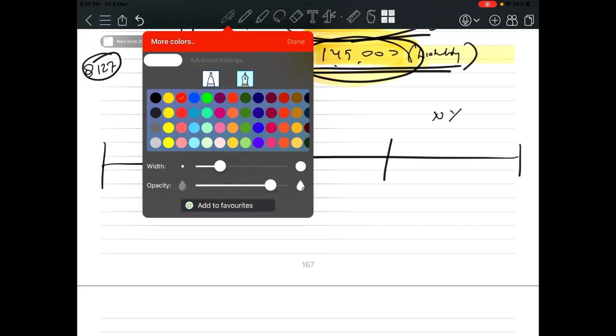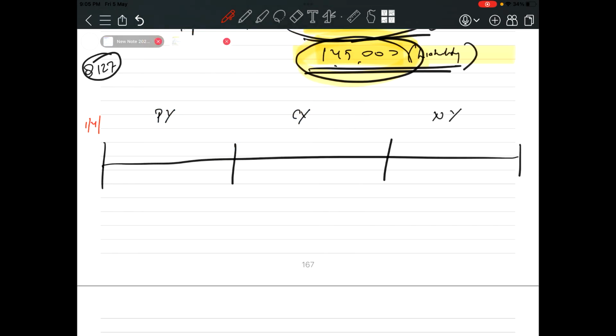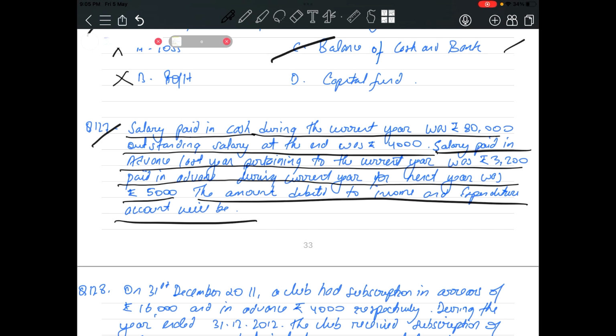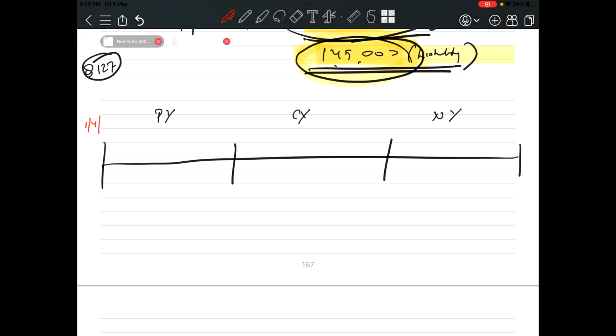When will this start? Is the question mentioning anything about the year start? No, it's not. So this will start on 1st April and end on 31st March. Similarly, each year starts on 1st April and ends on 31st March, and the next year also starts on 1st April and ends on 31st March.